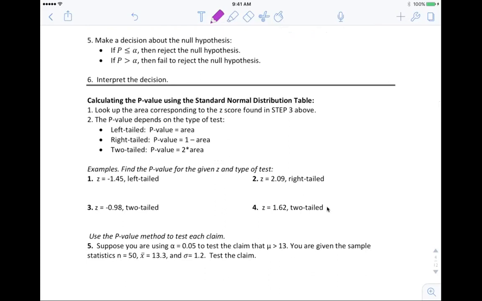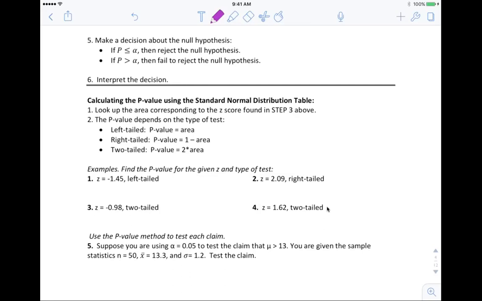I'll go through both. So those 3 bullet points depend on the type of test: left tail, right tail, or two tail. Right? So left tail, you just look it up in the table. Right tail, you look it up and then subtract from 1. Feels familiar. Two tail is a little new. Two tail, you're going to find that p-value and then multiply by 2. So let's practice with that a little bit.